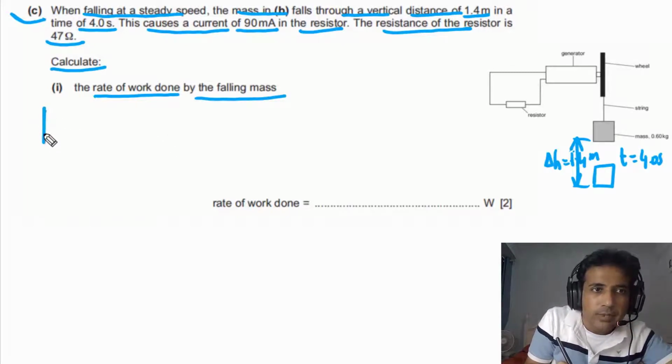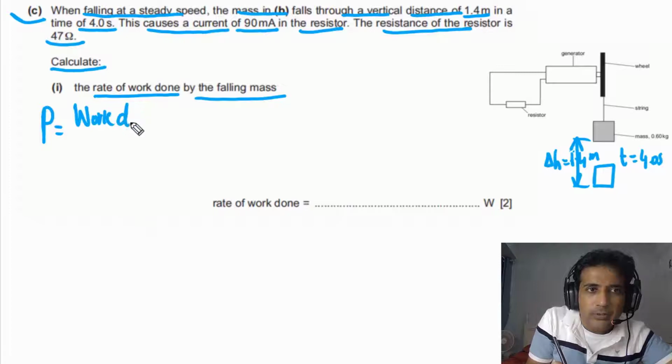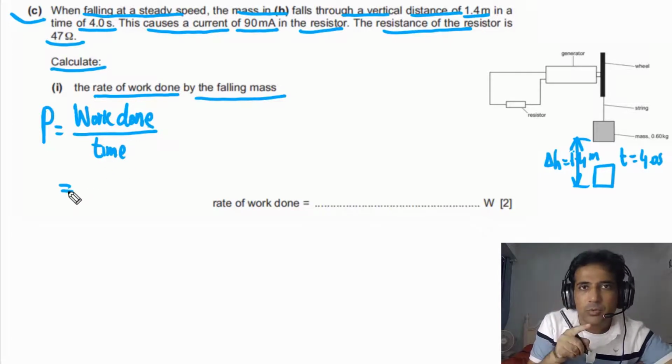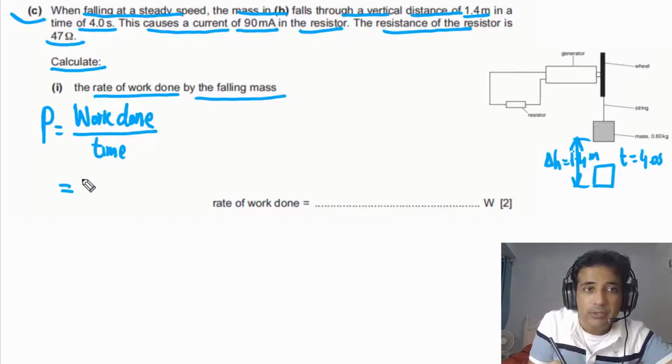Rate of work done by the falling mass is equal to power, and power is equal to work done by mass divided by time taken. And work done in this case is equal to the decrease in gravitational potential energy, because the work done by gravity is positive.